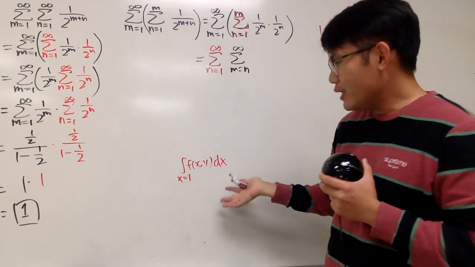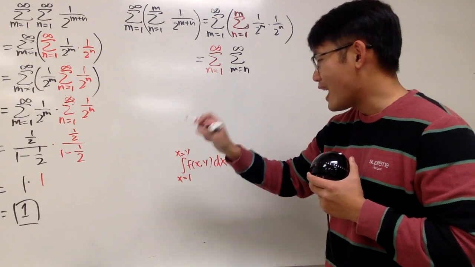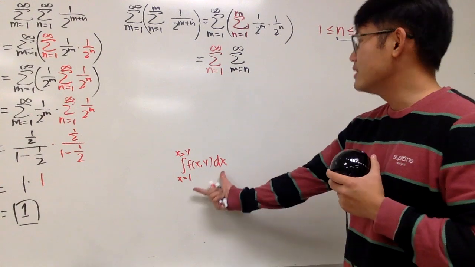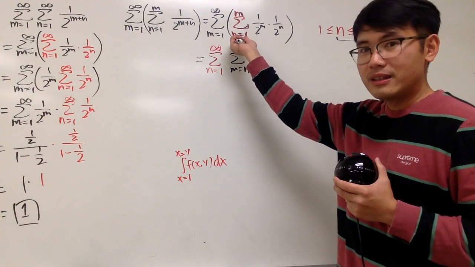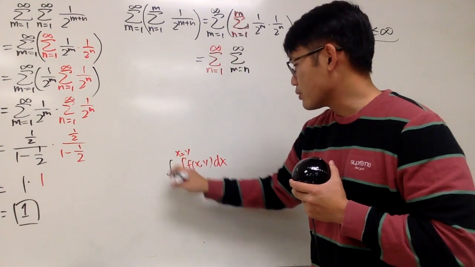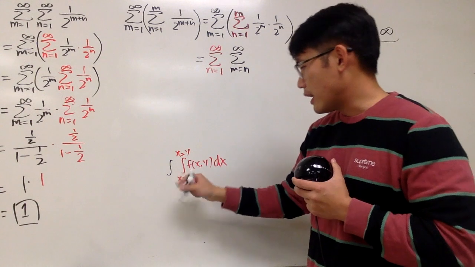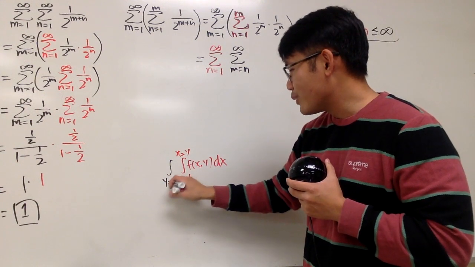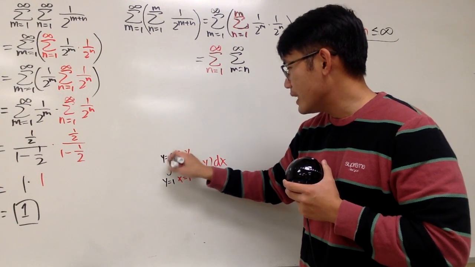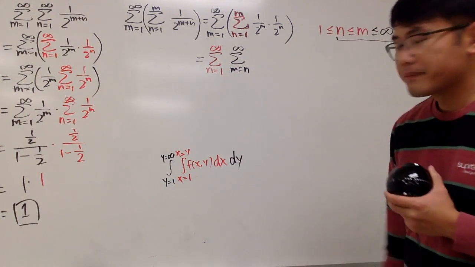So for the integral version, I will just say x goes from 1 to x equals y. This is a similar idea. And then, of course, I need the integral on the outside, for that summation idea. m goes from 1 to infinity, so I will put down y equals 1 to infinity. Don't forget the dy.